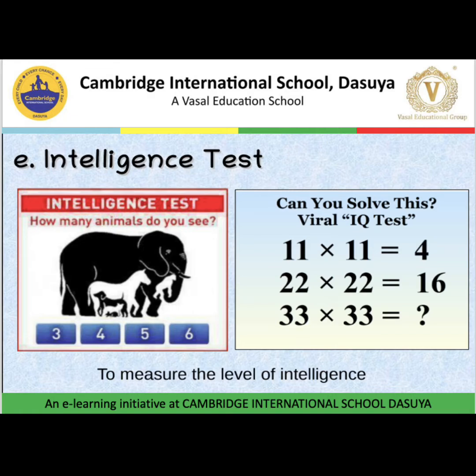And next question is, can you solve this viral IQ test? 11 into 11 equal to 4. 22 into 22 equal to 16. Then what will be the answer of 33 into 33? Students, guess what will be the answer? Yes, this is 64. So this helps to measure the level of intelligence.